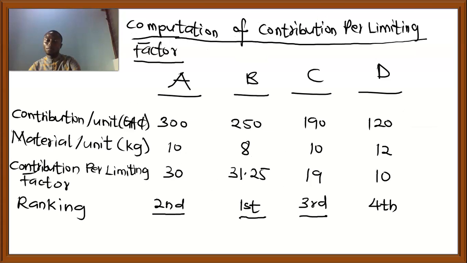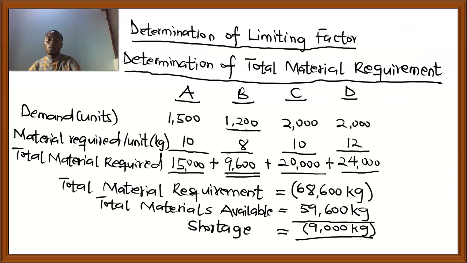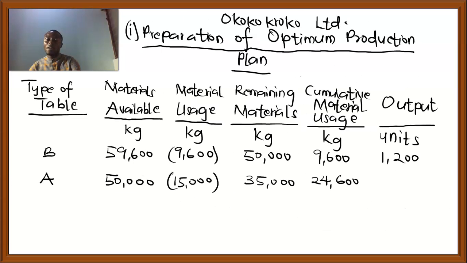Let's go back. If we use 15,000 units of materials, we are going to produce 1,500 units of table A. So the output is 1,500.